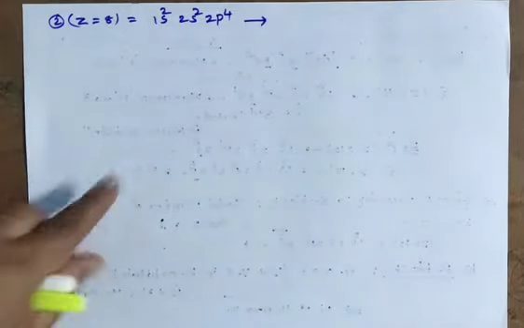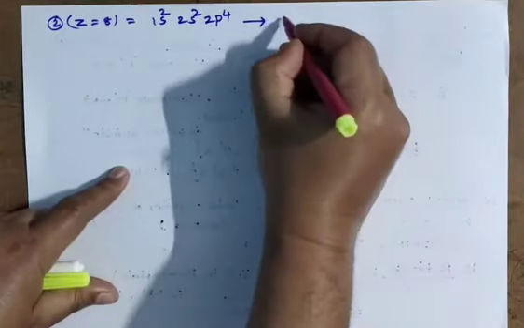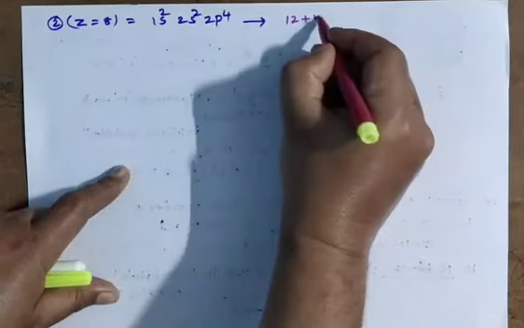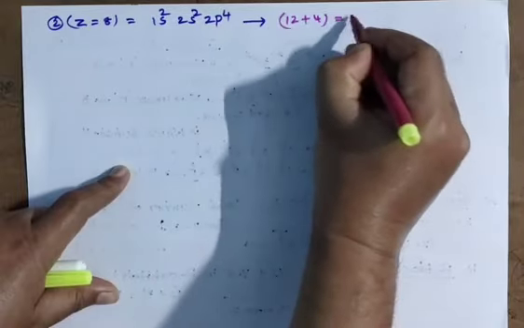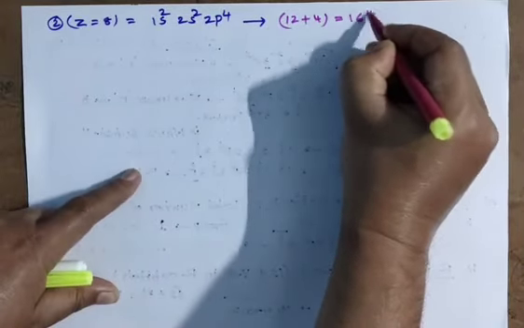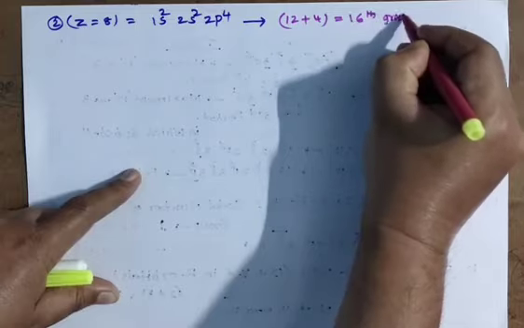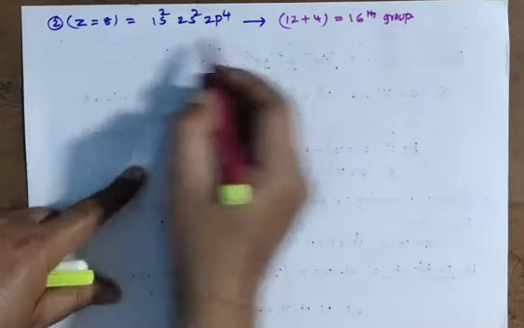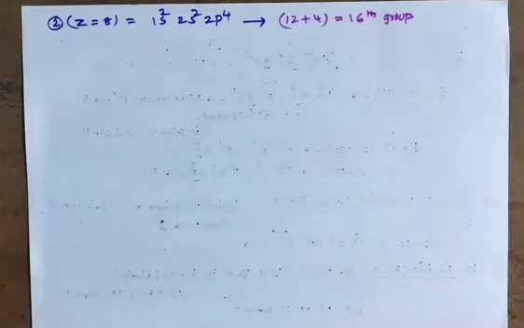See, 12 plus p electrons. P electrons how many? 4. That is equal to 16th group. You know, atomic number 8 means oxygen. Oxygen belongs to 16th group. Very easy, like that you can go for any.